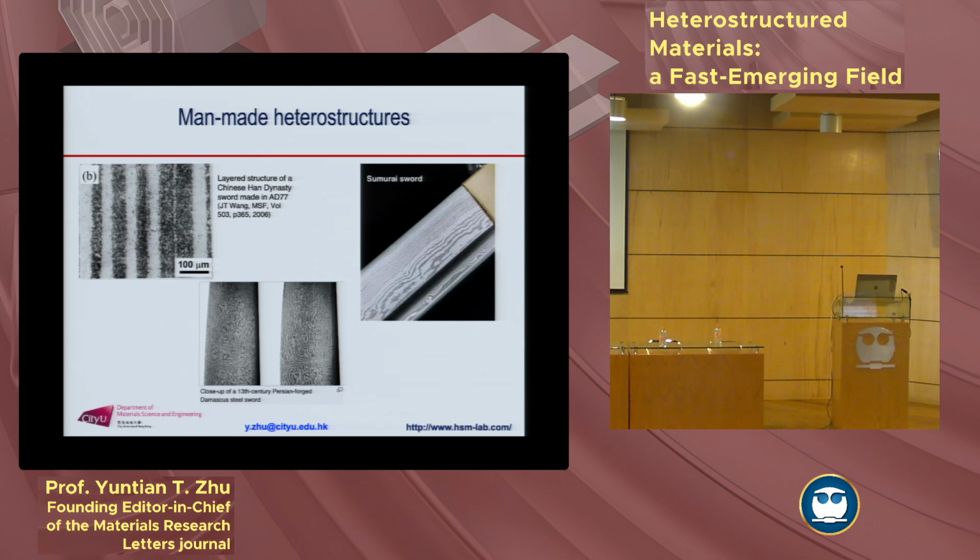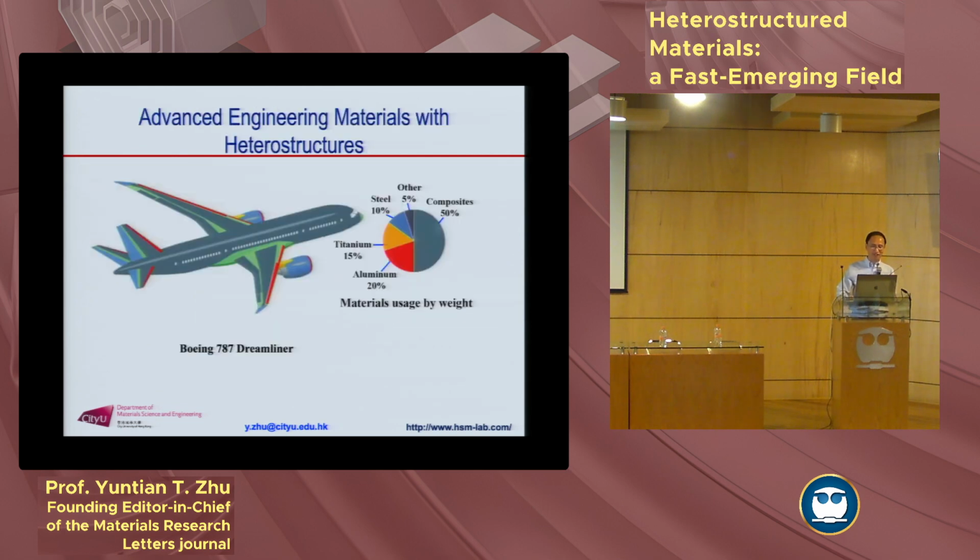That makes it tough. You look at others, like this samurai sword, it's also a layered structure. This Damascus steel sword is also a layered structure. I think right now there are still people trying to make this kind of artistic sword. This is the reason why they make it this way, because this makes it really hard, tough and strong.